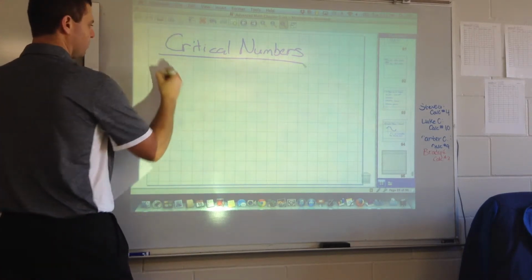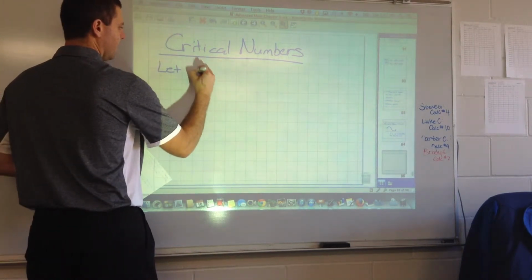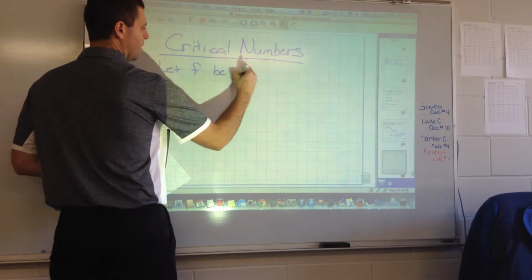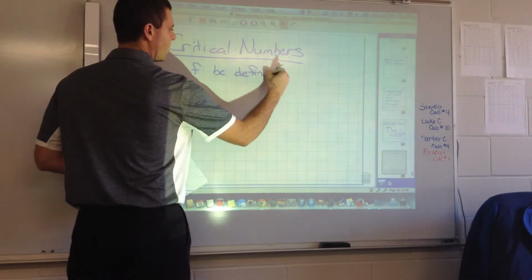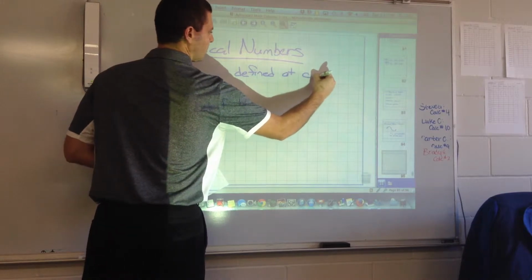Here's the book's definition. Let the function f be defined at point c.